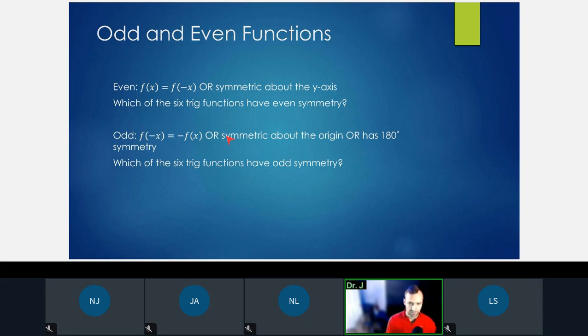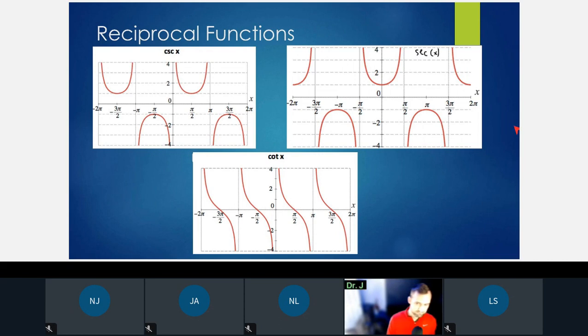Or you can just look at the symmetry about the origin. So looking at these graphs again, this is the origin. We already know this one's even, so that's not even an option now.